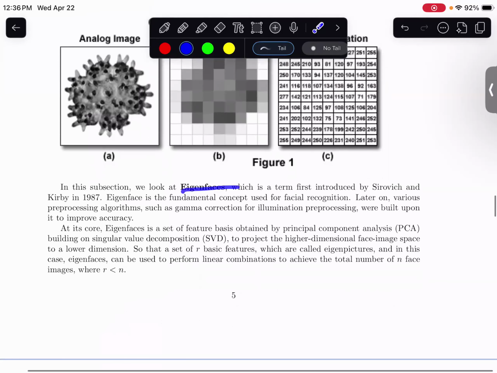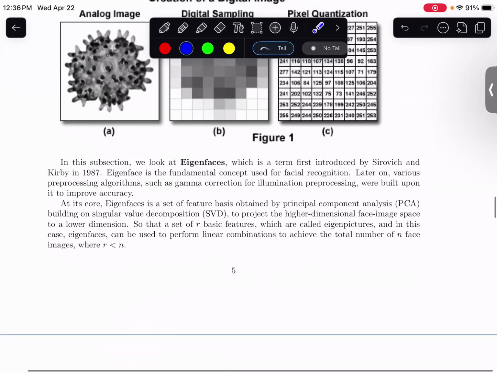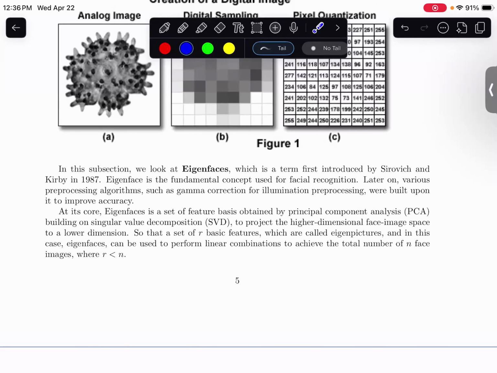So we're going to look at eigenfaces. This is a term first introduced by Sirovich and Kirby in 1987. As I was saying in class on Monday, it probably doesn't have a positive connotation at all, but eigenface is the fundamental concept used for facial recognition. This is kind of a dated way of doing picture recognition.